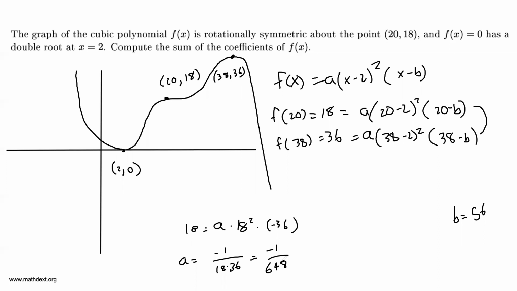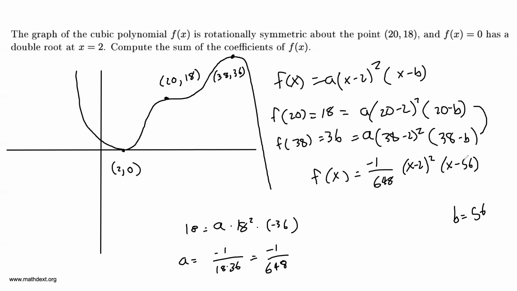Finally, remember what we said about finding the sum of the coefficients of f of x. We want x equals 1. So f of x is equal to a, which is negative 1 over 648 times x minus 2 squared times x minus 56.